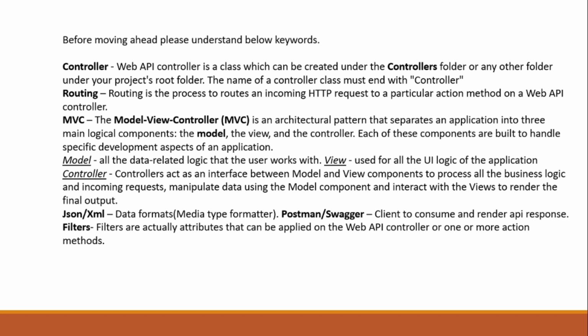But a Web API does not contain any view. It is a kind of service which just collects the data and sends it to the client. The client could be anyone like Angular, React, and other UI applications, and they will further implement the view based on the data we are sending.